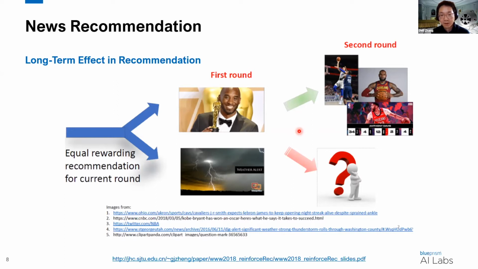If a news item about Kobe Bryant has been recommended and the user has found it relevant, it's more likely that he or she would want to read more news articles about basketball. But for the summer storm, maybe that's just the end of the recommendation. So if we think about the long term, then we could find better strategies by using reinforcement learning.